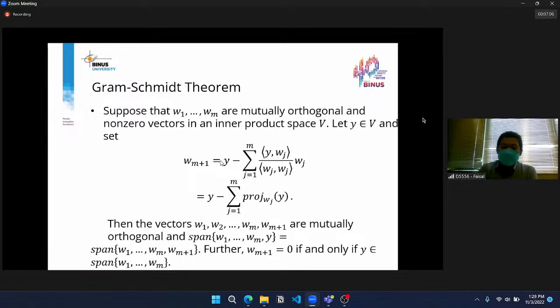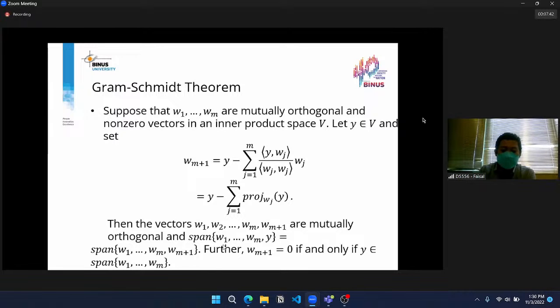So if we compute these vectors and collect them together with W1 until Wm, then this new set of vectors is mutually orthogonal, and the span of W1 until Wm and y is equal to the span of the new set.